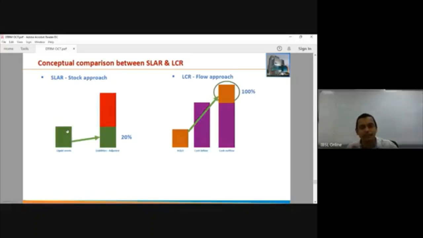Under SLAR, there's no such categorization of assets based on the quality of the asset. Here everything is the same, and there is no haircut. But under LCR, cash and placements with banks are considered level 1, no haircut. Government securities with a tradable market are considered level 2A assets with a 20% haircut.